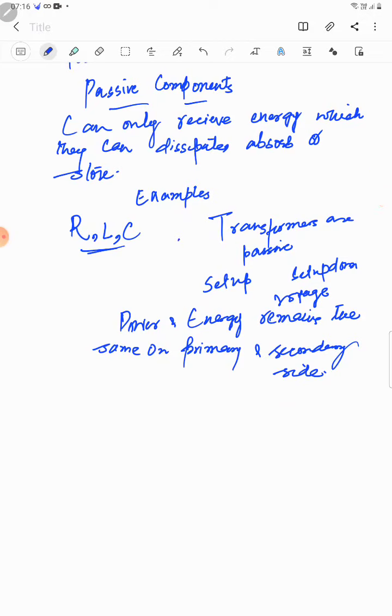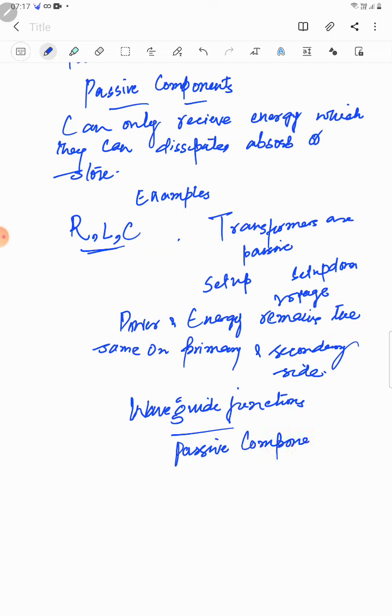Now, so far as our waveguide junctions are concerned, I said they are passive. We are interested in discussing waveguide junctions. They are passive components used, as I said, either for combining or splitting the microwave power.